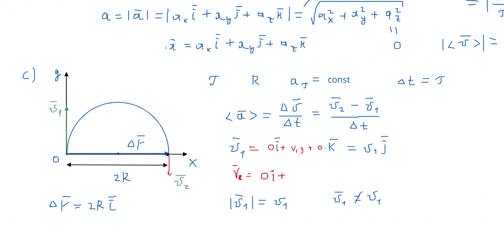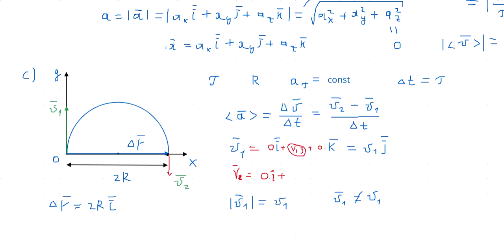0 multiplied by i. And what about the second component? The y component, is it still zero, or is it similar?